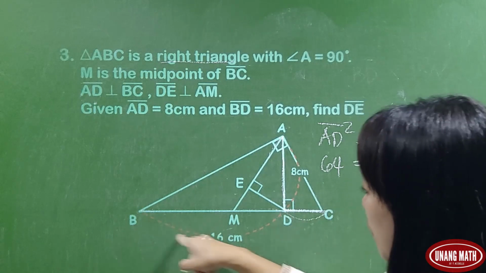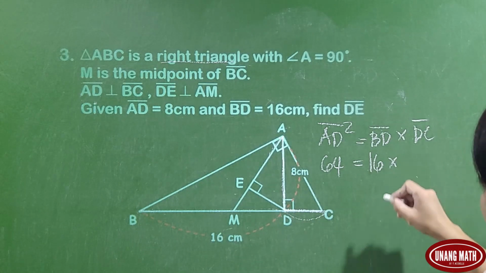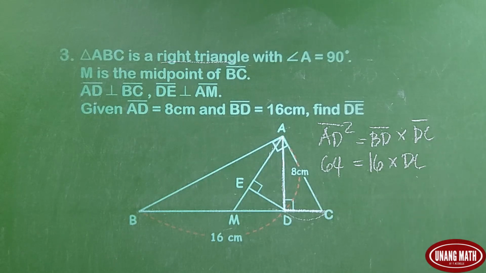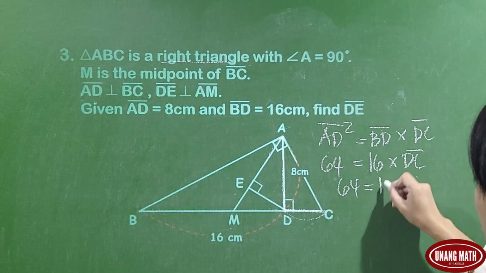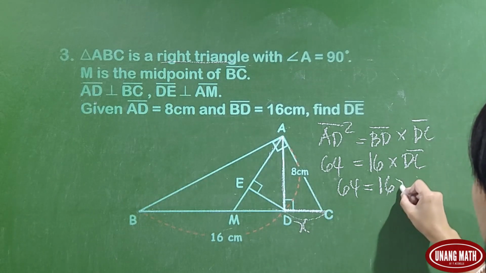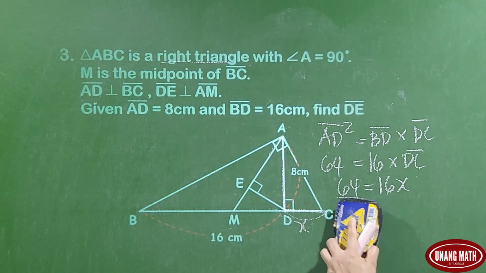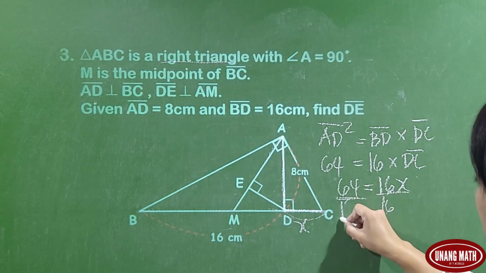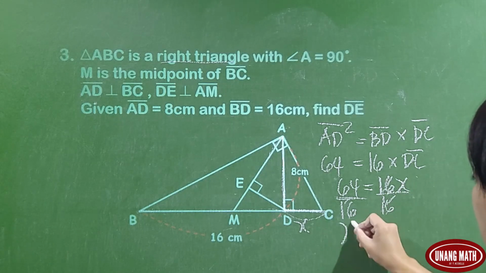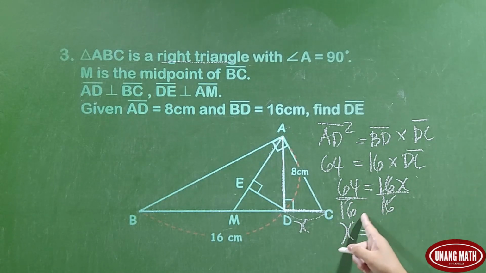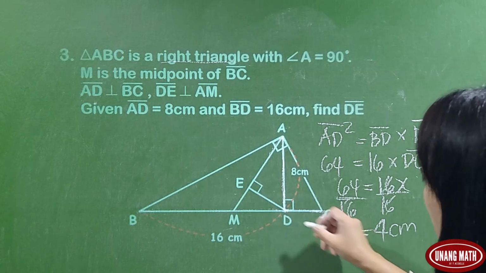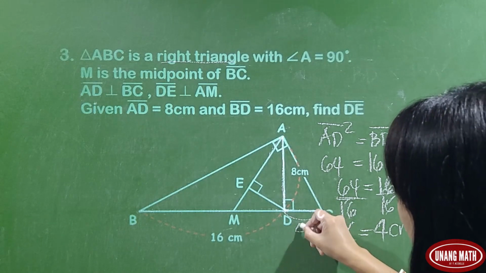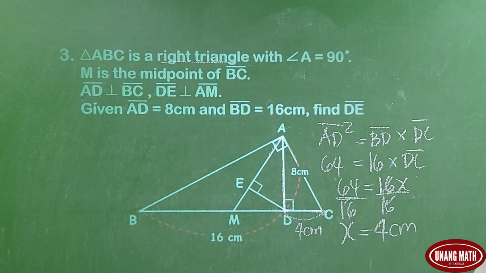BD is also given, so it's 16 centimeters, times DC. Let's say this is x. So 64 is equal to 16x. Divide both sides by 16. So x is 64 divided by 16, which is 4 centimeters. Now we found out that this segment is 4 centimeters.